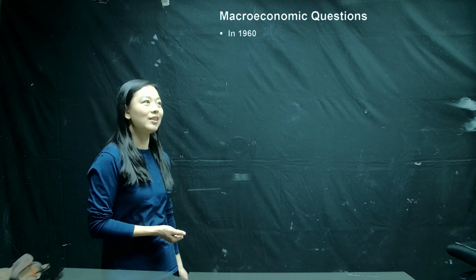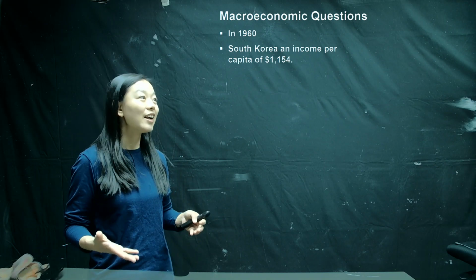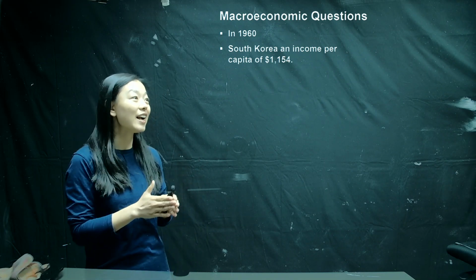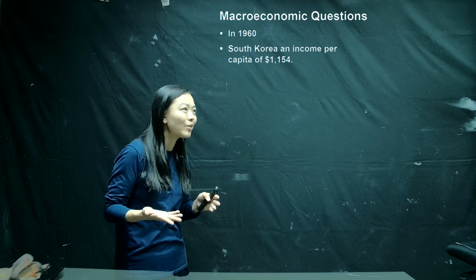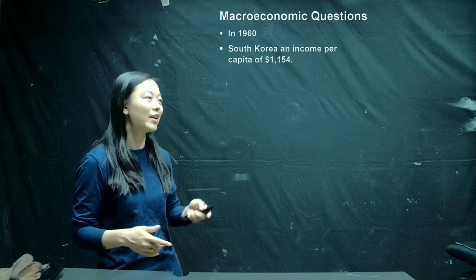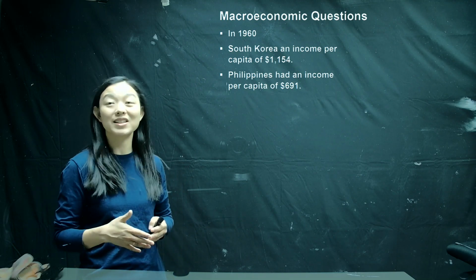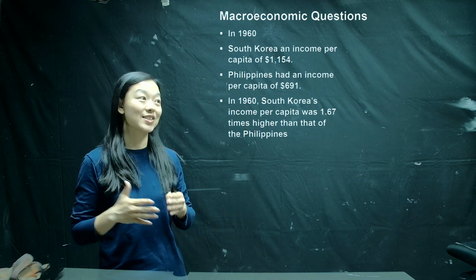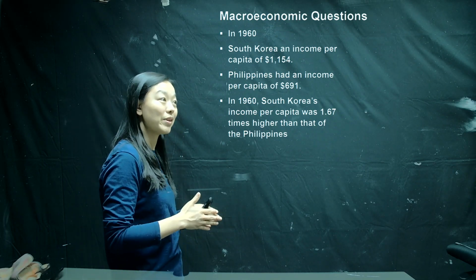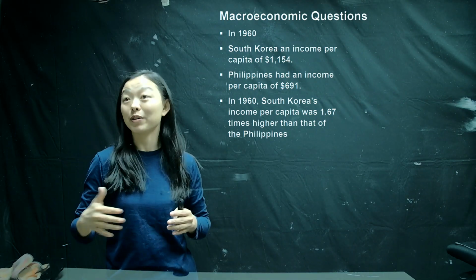Then let's look at some typical macroeconomic questions. In 1960, South Korea had an income per capita of $1,154, and the Philippines had an income per capita of $691. So from here you can see that in 1960, South Korea's income per capita was 1.67 times higher than that of the Philippines.